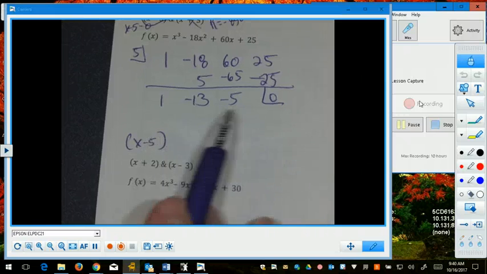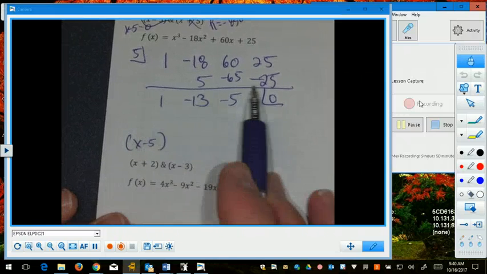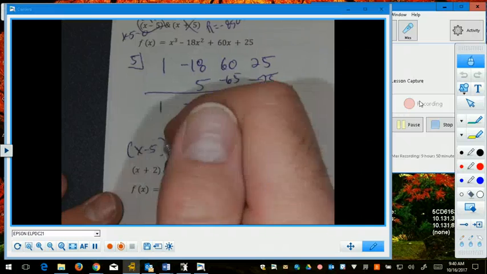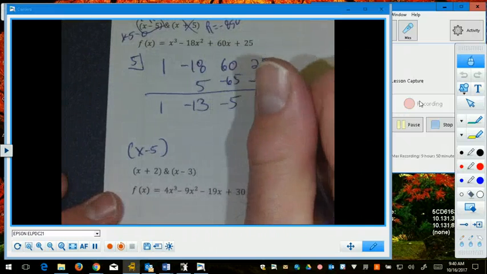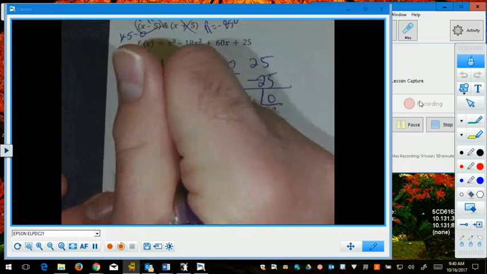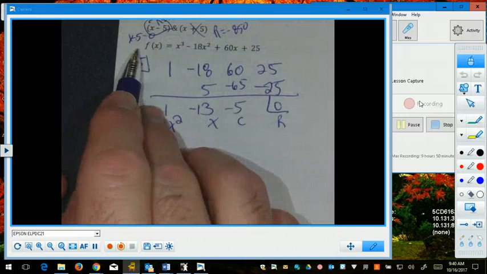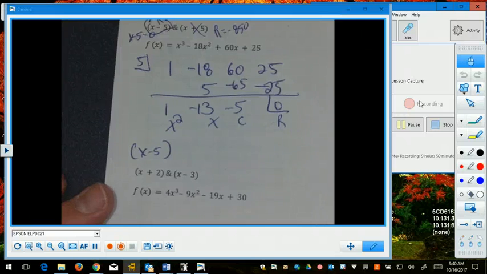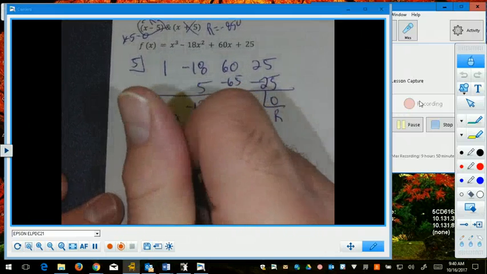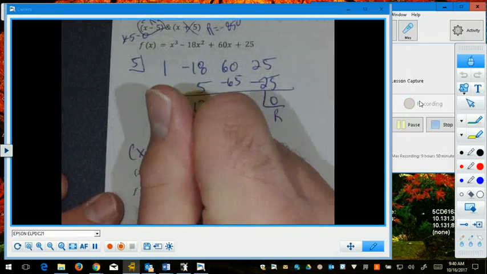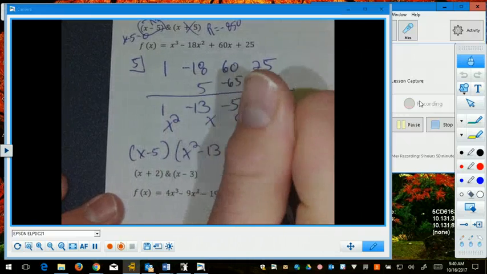In fact, some of you did this one already, right? Doesn't this one look familiar? This gives me, remember, this is my remainder constant x squared. I expect 1 degree less than what I started with if I'm dividing out a linear binomial. And so I end up with x squared minus 13x minus 5.